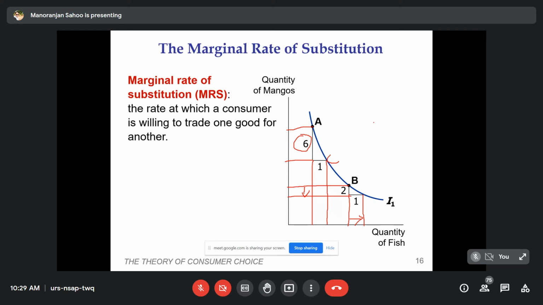That means the rate of substitution will decline when the consumer is moving down along the indifference curve. And this is called the slope of the indifference curve, because it is delta y by delta x. Oh, sorry, just a second. This is not the case.